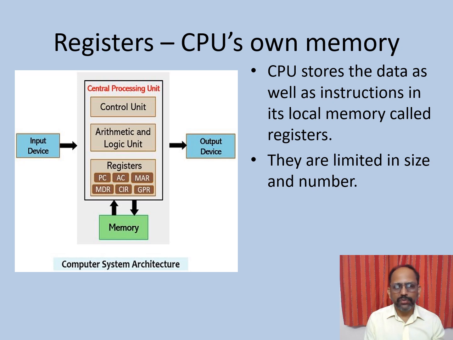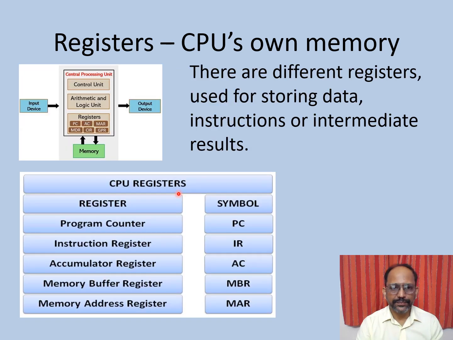That memory is what we call as registers. Register is a CPU's own memory. It stores the data as well as instructions in its local memory called registers. There are different registers. The number of registers are limited. Their storage capacity is also limited.